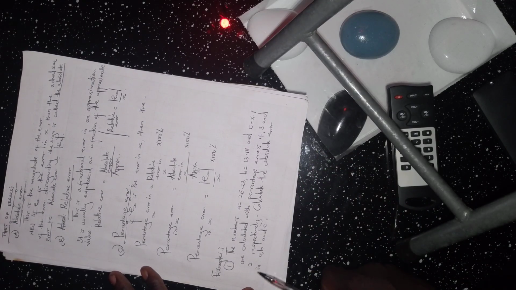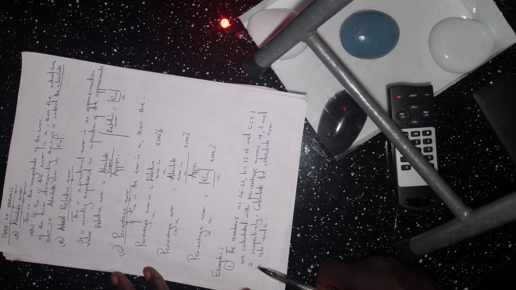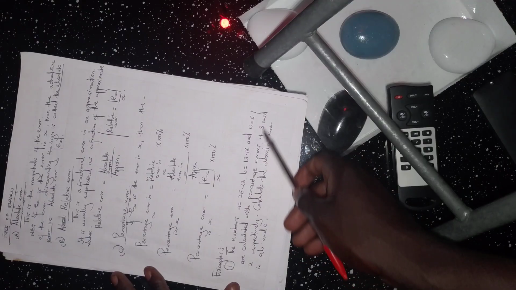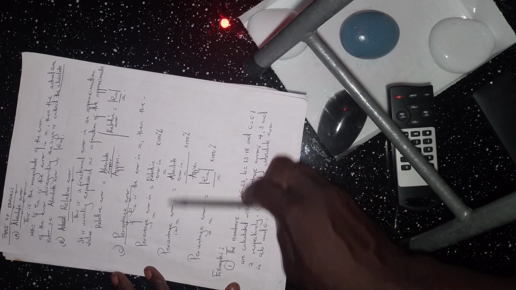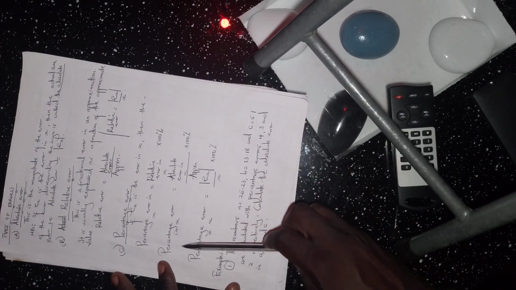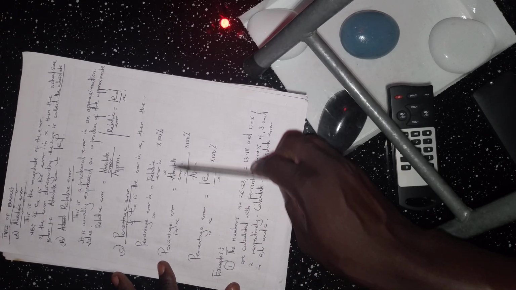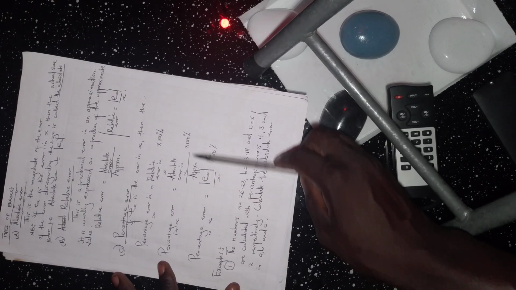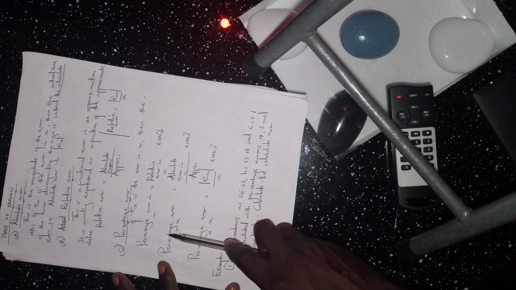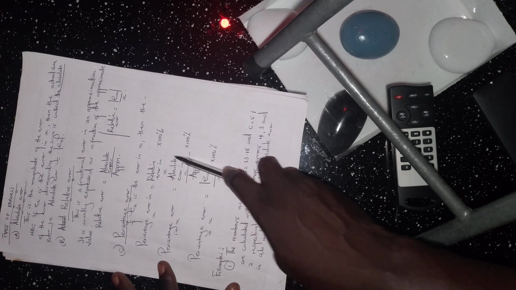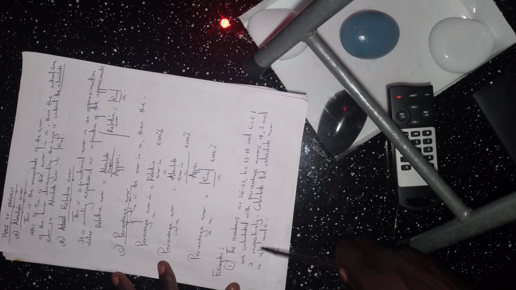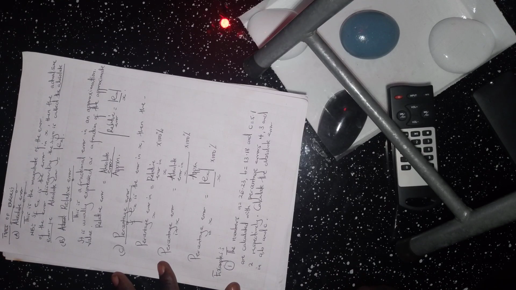They want us to calculate the absolute error in A, B, and C. Now, because they have given us the percentage errors, we are going to use the fact that the percentage error is absolute error over the approximation times 100. We have the percentage error, we have the approximation, and we want the absolute error in each of the variables A, B, and C.